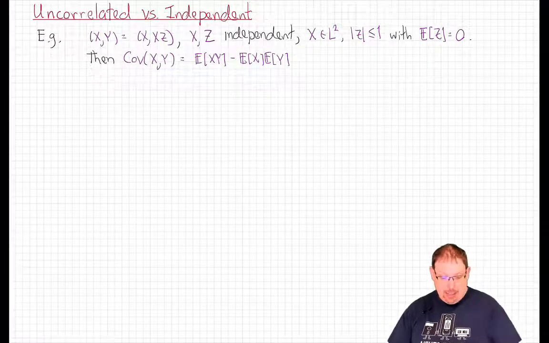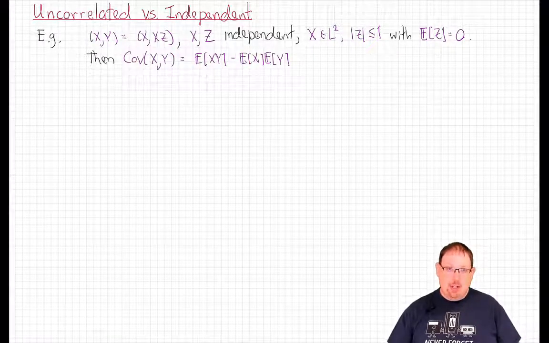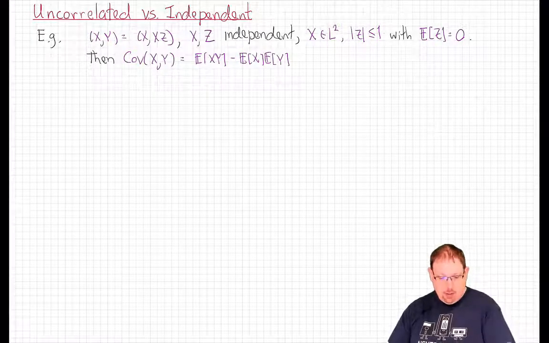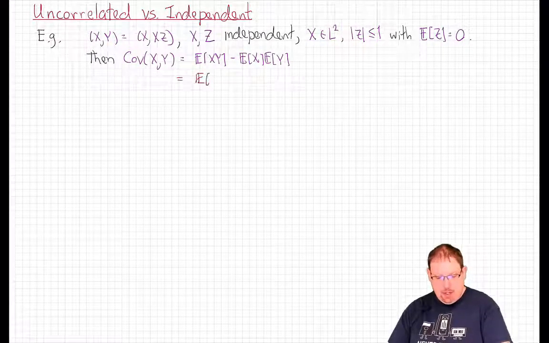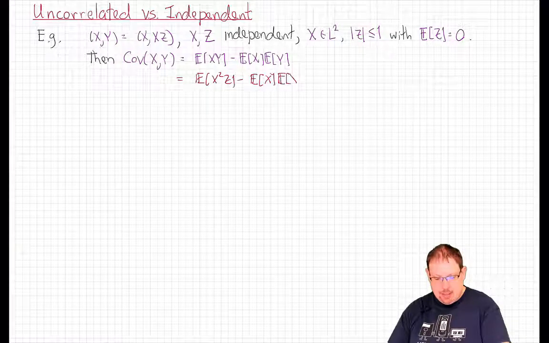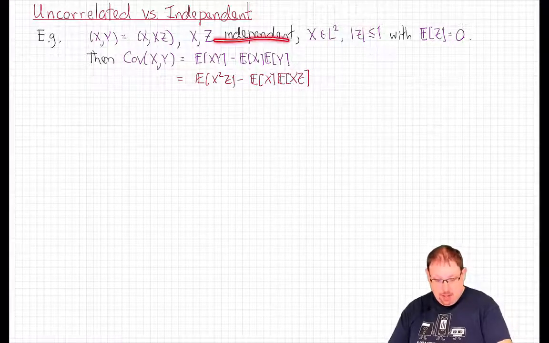Now let's calculate the covariance of X and Y in this setting. So that's by definition the expected value of the product minus the product of the expected values. Well, the expected value of XY is the expected value of X squared Z. The expected value of Y is the expected value of XZ. Now X and Z are assumed to be independent.